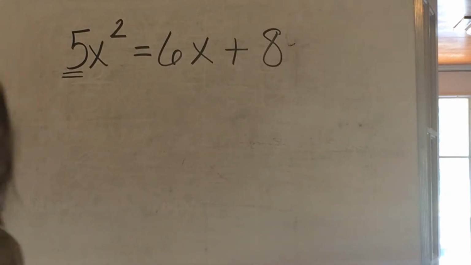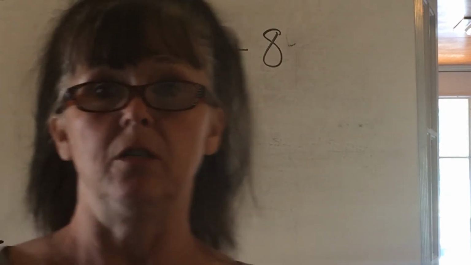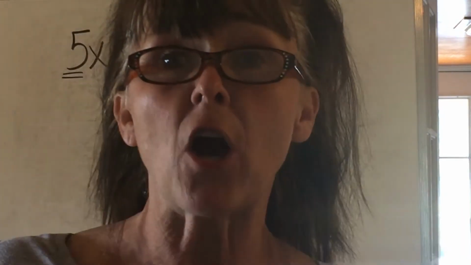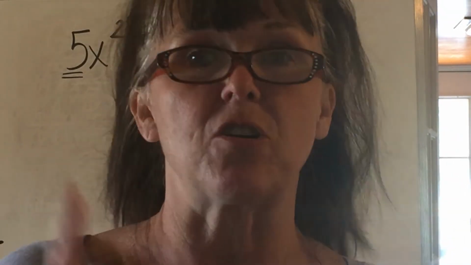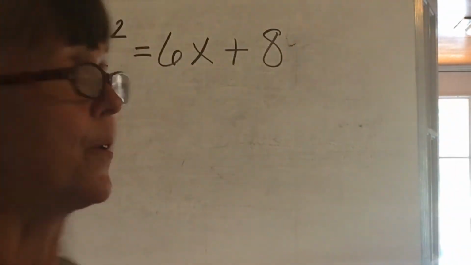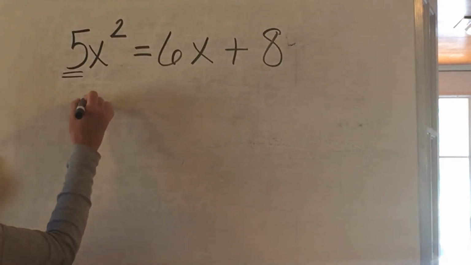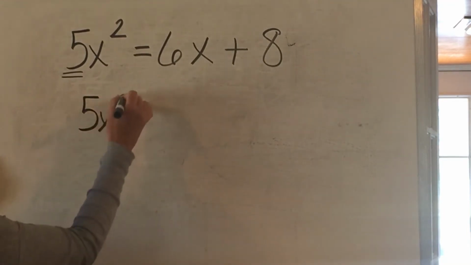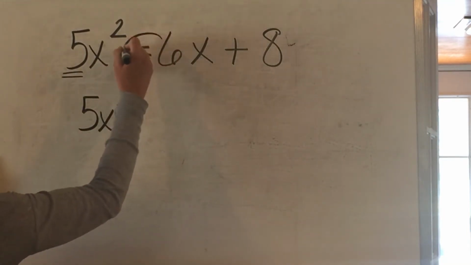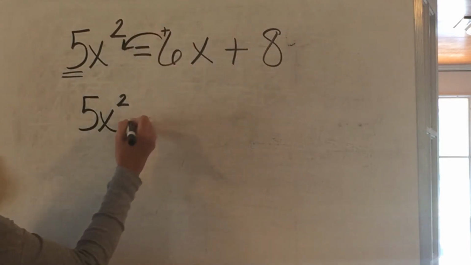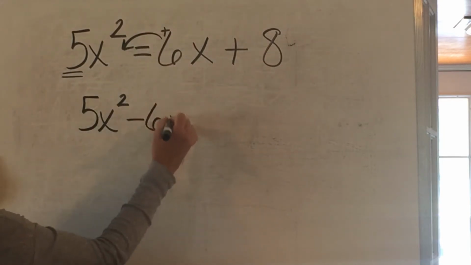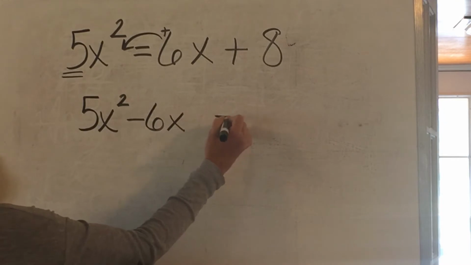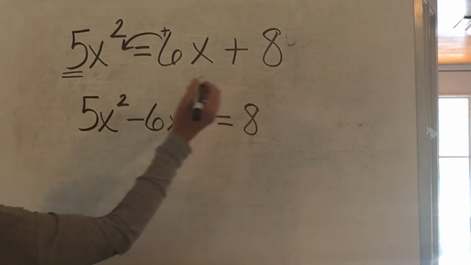Remember that you have to have that invisible 1 first. Okay, so you can do your moving first or you can divide by 5 first. That part doesn't matter. So I'm going to bring down my 5x squared. I'm going to move my positive 6x. It becomes a negative 6x and then equal 8.